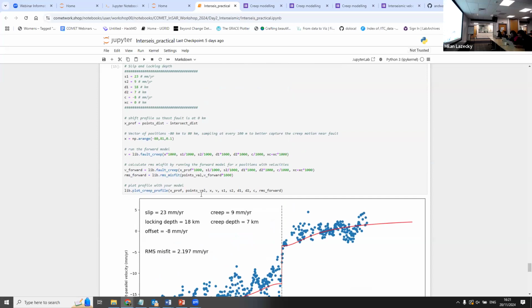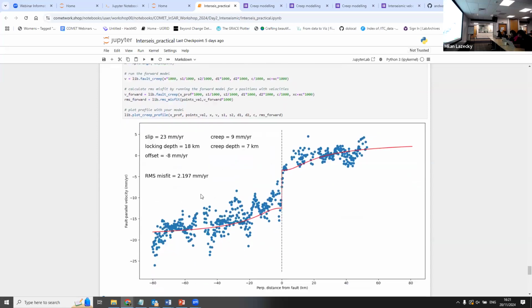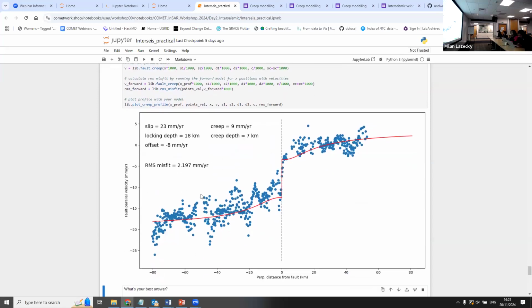This topic is a low block transfer fault, always creeping. It is creeping because if you look at this profile, most parts look like noise along the fault, on the left side.